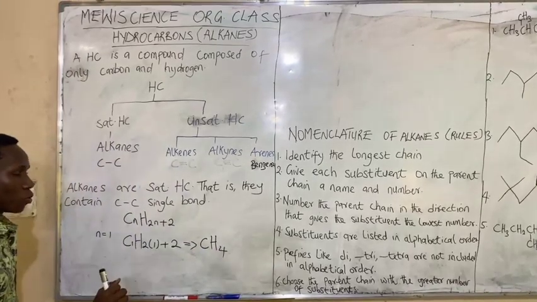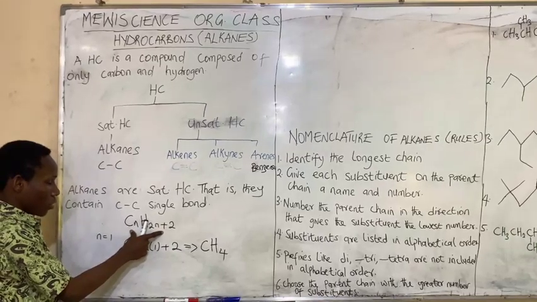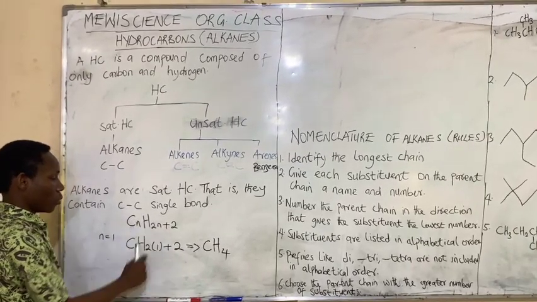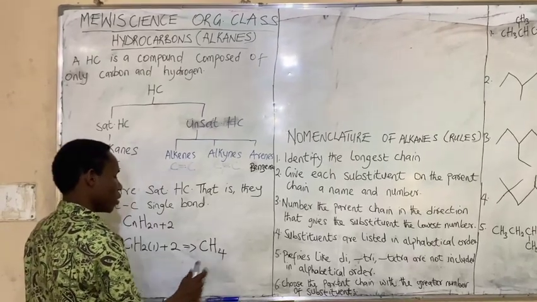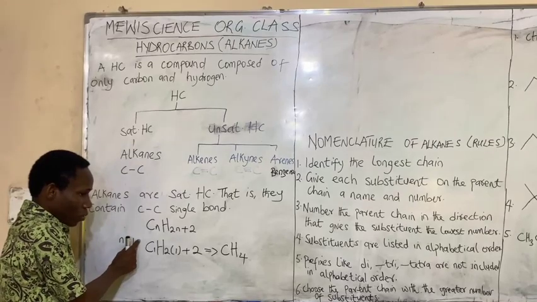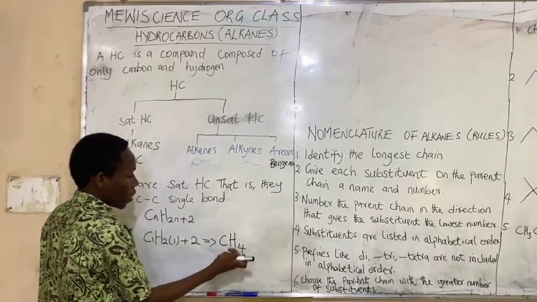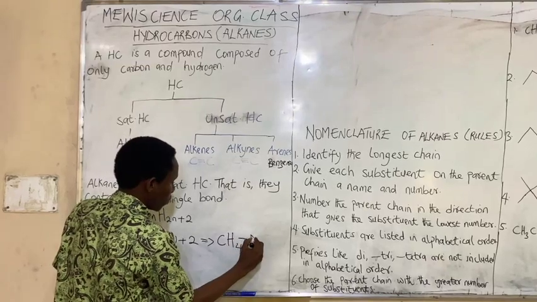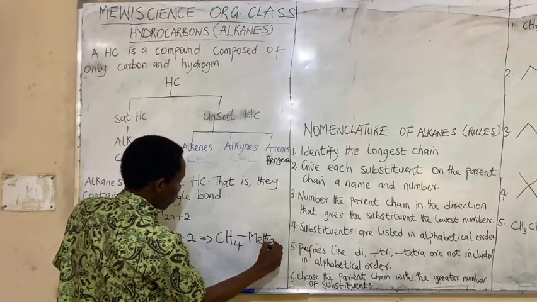So this is how we get our alkane using our general formula CnH2n+2, which is CH4. Now this is the simplest alkane. Do you know why? Because we are starting from 1, and 1 is the simplest number. So this is the simplest alkane, and this alkane is called methane.